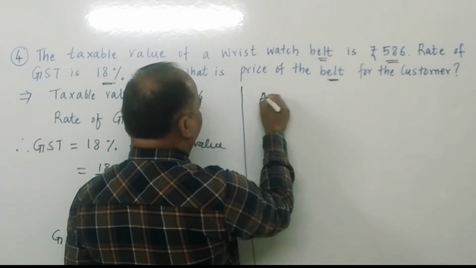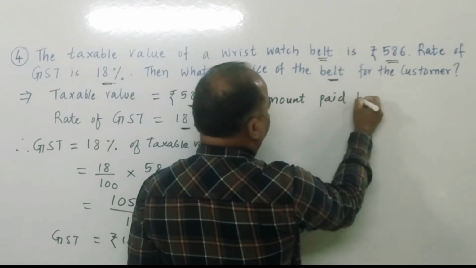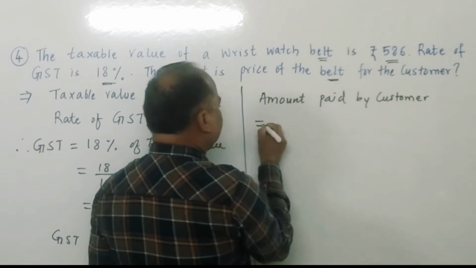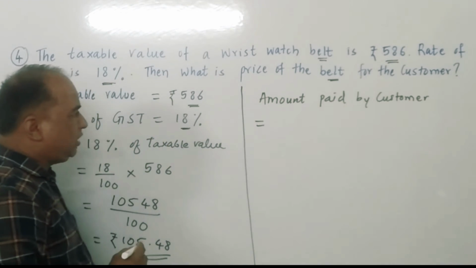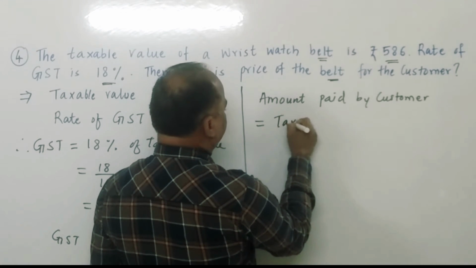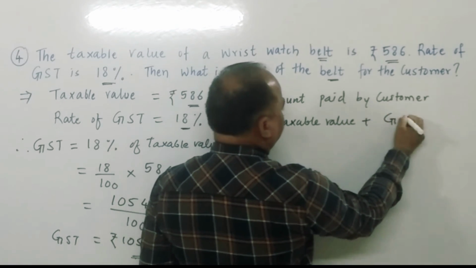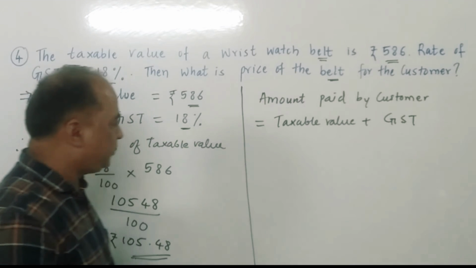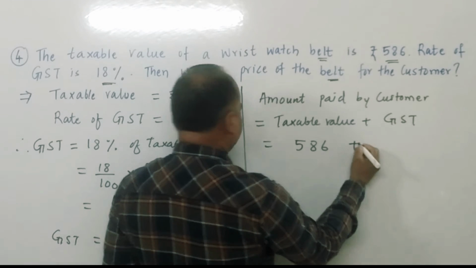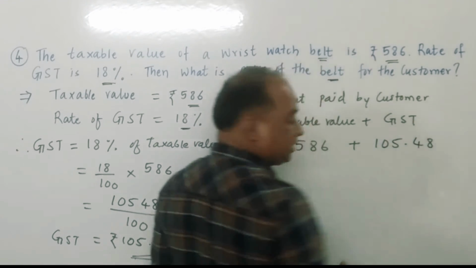So the amount paid by the customer against the wristwatch belt including GST will be the taxable value plus the GST. So taxable amount is 586 plus the GST is rupees 105 rupees 48 paise.